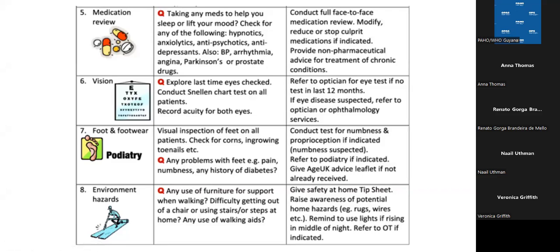They are associated with increased risk of falls, especially during the night, especially if a patient already has mobility impairment or visual impairment. So medication review is an important part of our work to prevent falls.